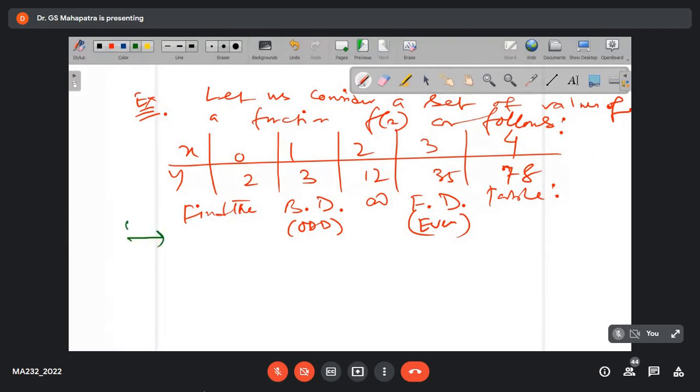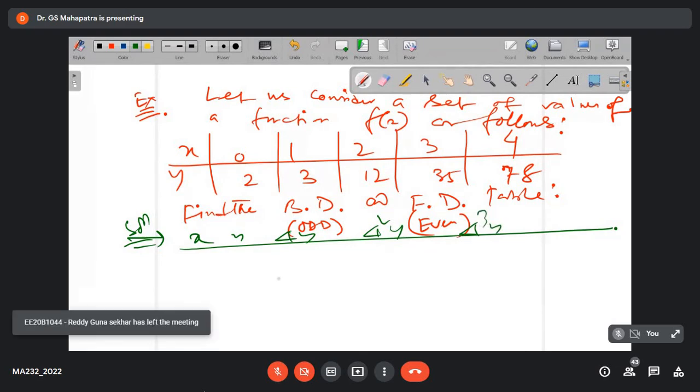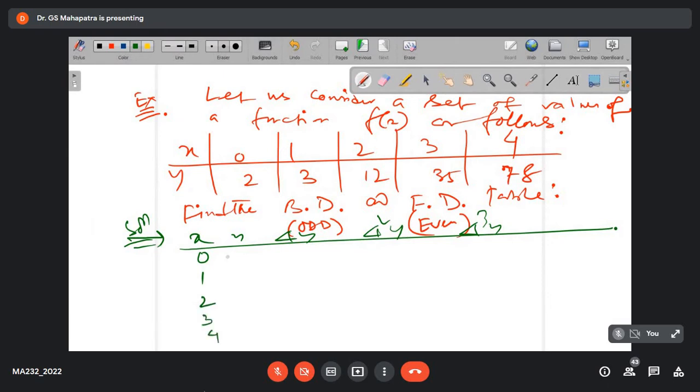Solution. So you have to write, let us consider the forward difference: x, y, del 2y, del 3y, and so on. I will write later on. Now x is 0, 1, 2, 3, 4. Corresponding values are 2, 3, 12, 35, 78.